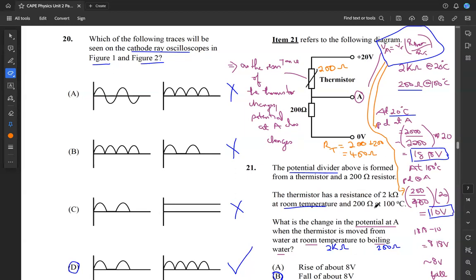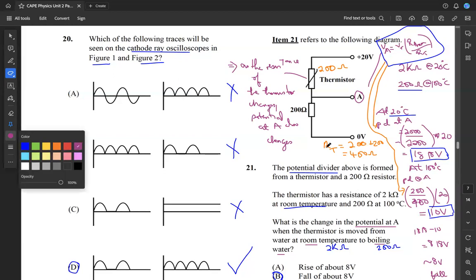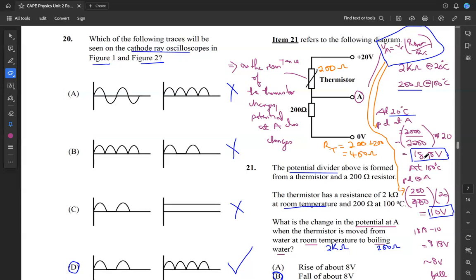And so remember, the question was asking us about a change in potential at A, right? So initially, when we're at room temperature, our PD is 18.18. We calculated that here. Now, when the temperature rises and we're at boiling point, the PD ends up being 10 volts, right? So what happened, guys?